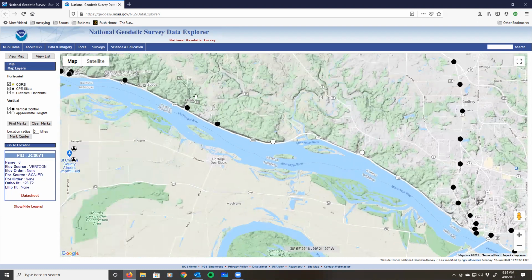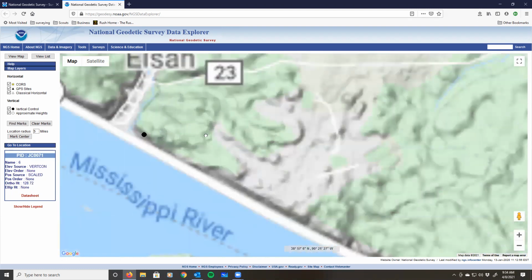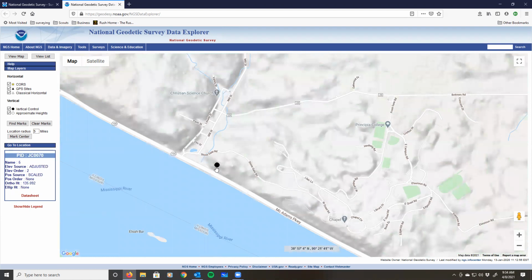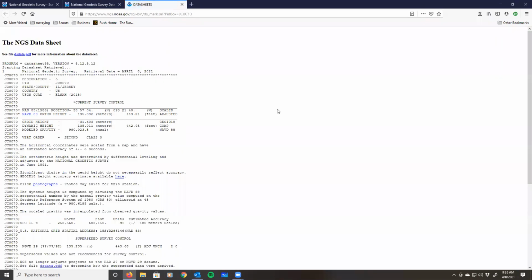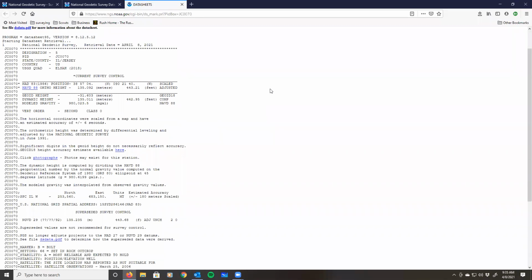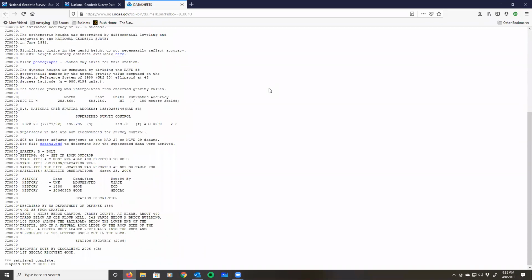Up here in Elsa, there's a horizontal or a vertical control that's there. You'll notice that this one, I actually have recovered this one before.